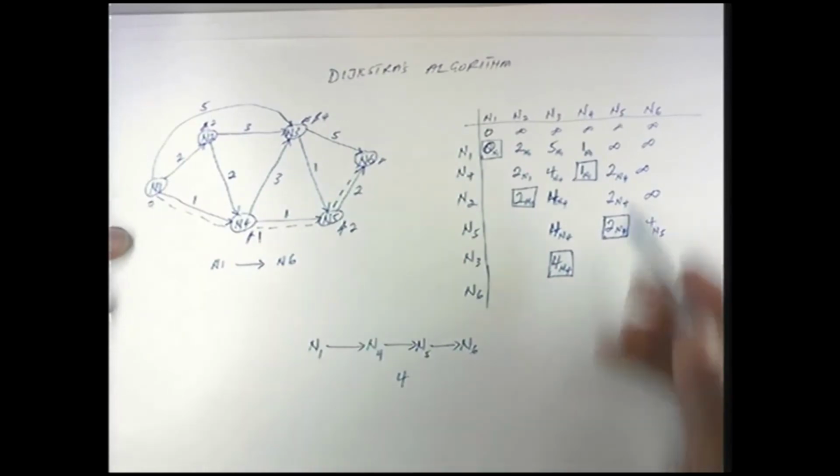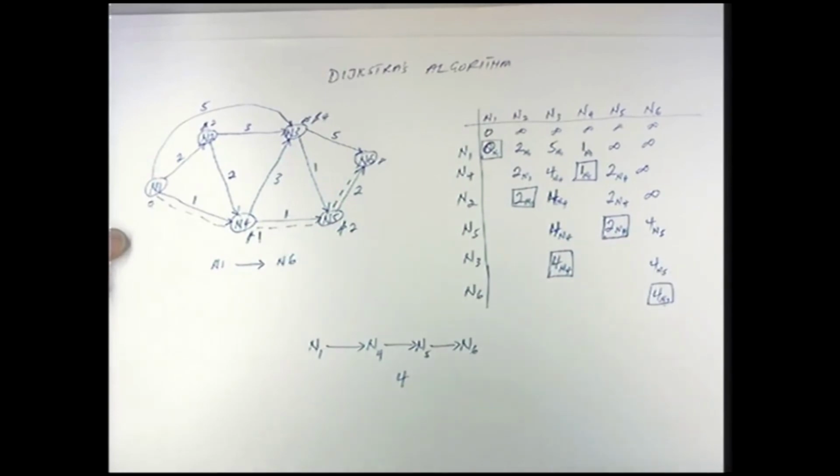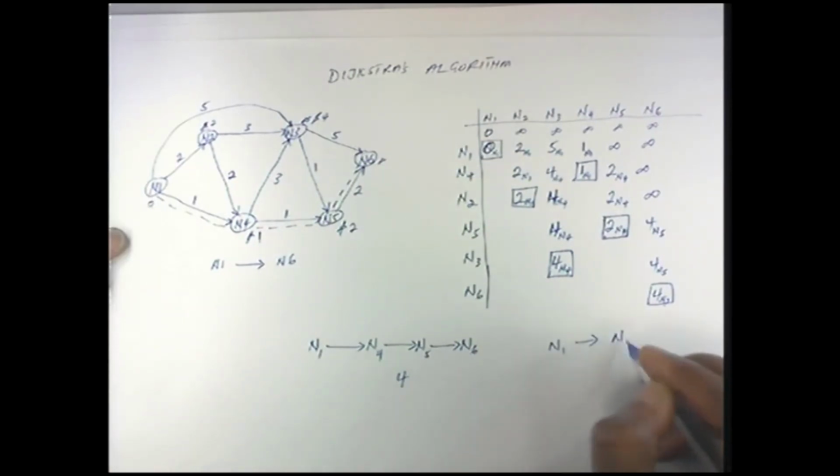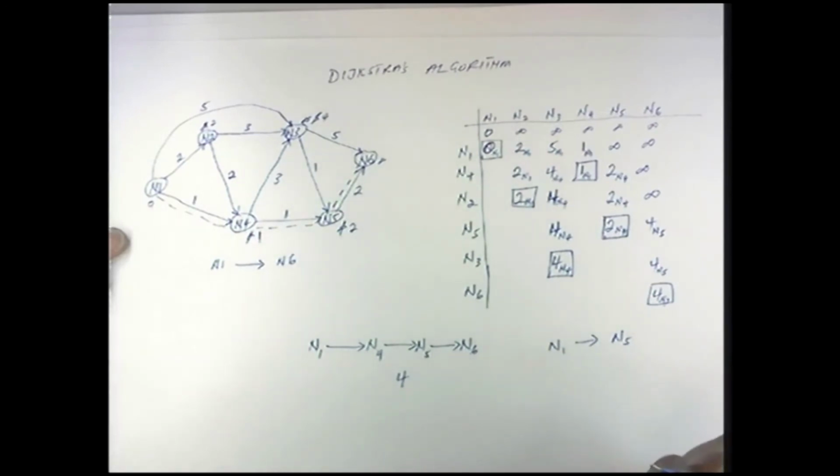Now, from the table we can read any other node. So let's say I'm moving from N1. I want to find the shortest path from N1 to, say, N5. We'll take the same principle. Our destination is N5.